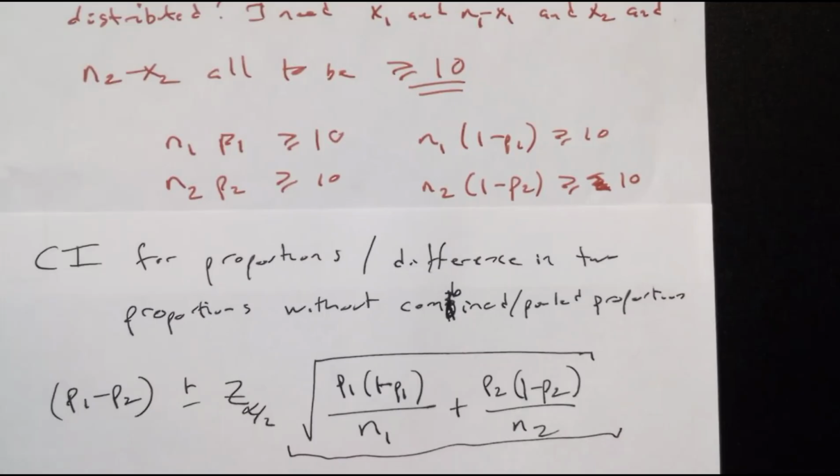If my confidence interval contains 0, then I cannot conclude these proportions are different. If my confidence interval doesn't contain 0, then I can conclude these are different. That's a two-tailed test. I'd be outside z alpha over 2.